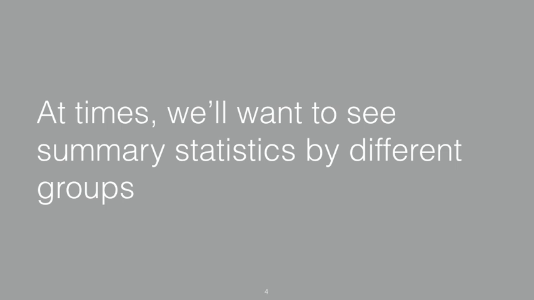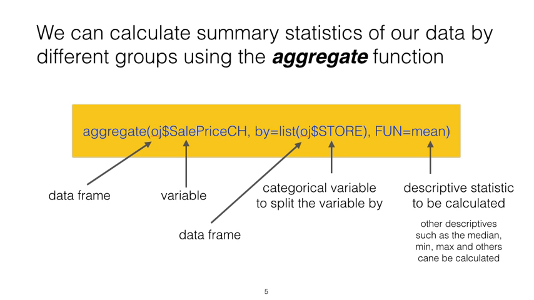At times, we'll want to see summary statistics by different groups. So, how do we do that? Well, we can calculate summary statistics of our data by different groups using the aggregate function. So here you have it. Aggregate, which variable, by, which again you say by which variable.